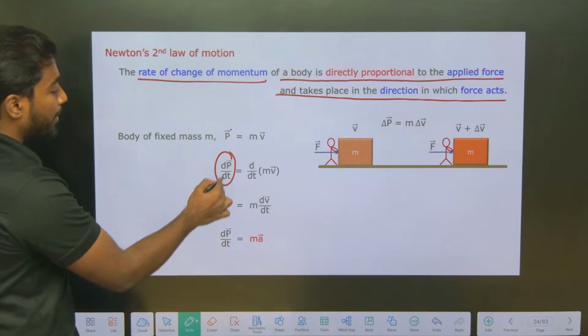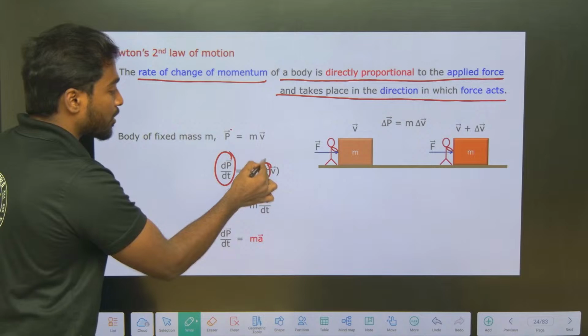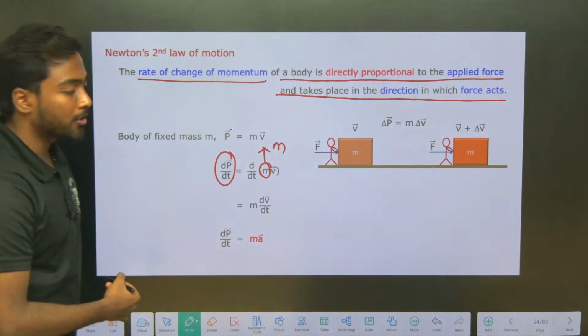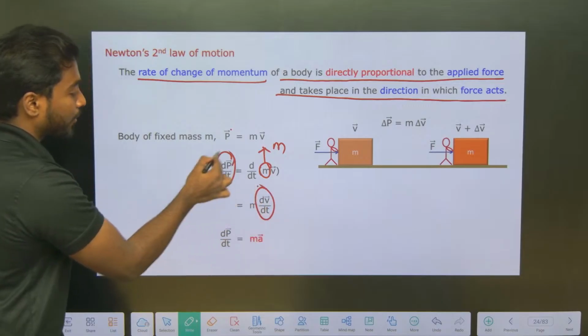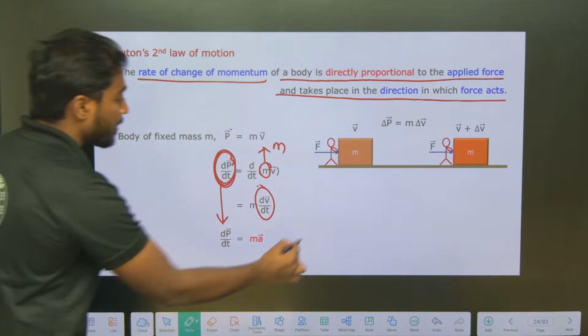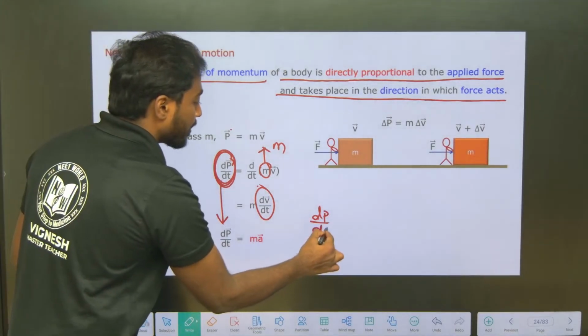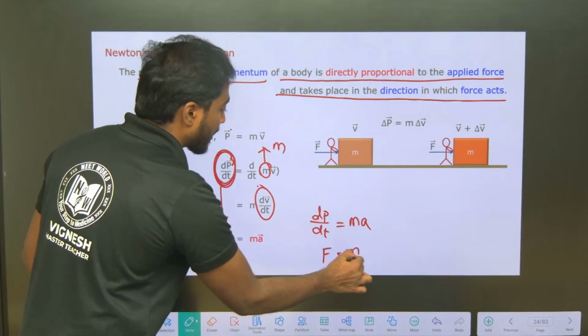So dp by dt will be equal to d by dt of m into v, where m is constant. I can keep it as it is. So dv by dt is nothing but acceleration. The rate of change of momentum is nothing but force. So dp by dt is equal to mass into acceleration, which is nothing but F is equal to ma.